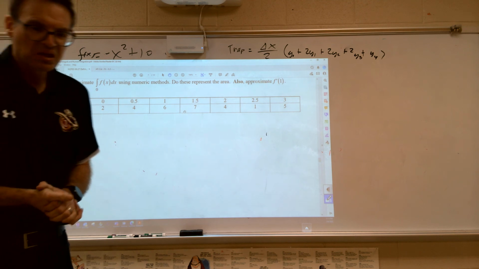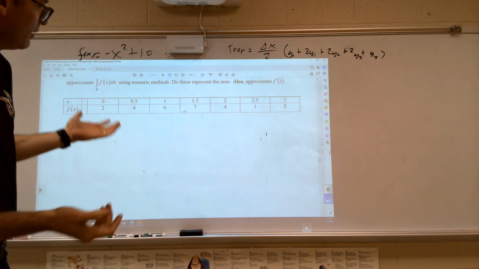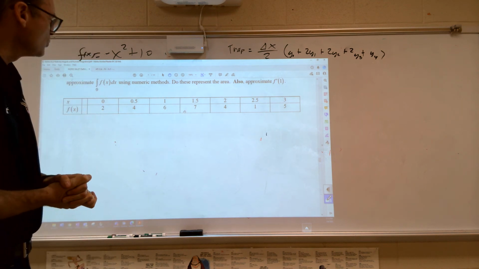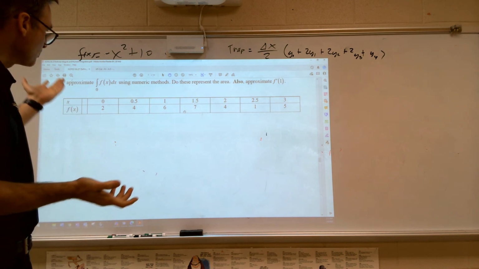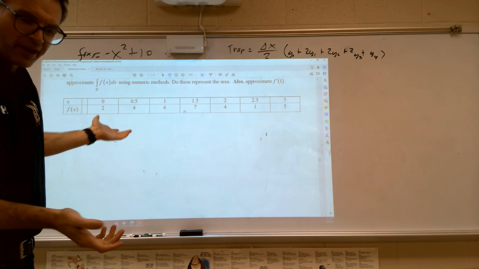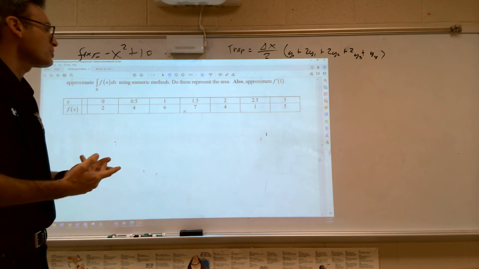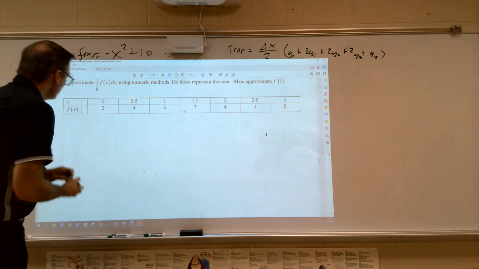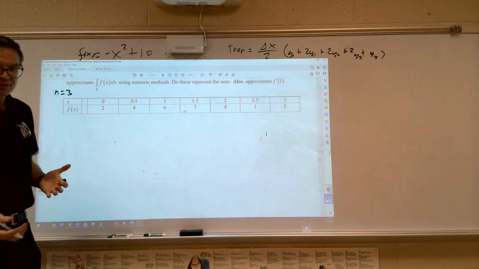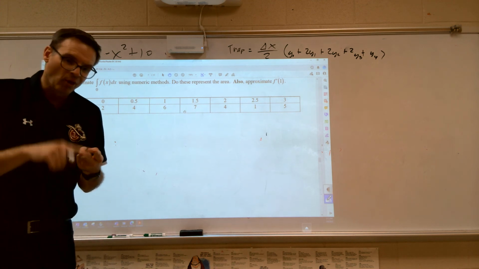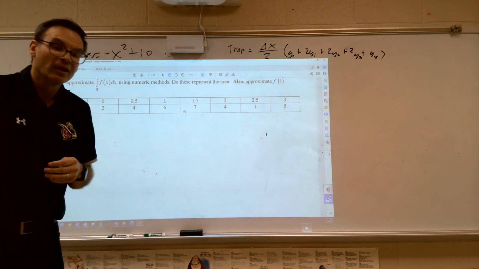Same thing. I don't even think I need to do this particular problem. The reason I need to do this problem is we've already done something like this. We're going to use 3 partitions. If I want n equals 3, meaning I need 3 rectangles, how would I do LRAM, RRAM, midpoint, and trapezoidal?